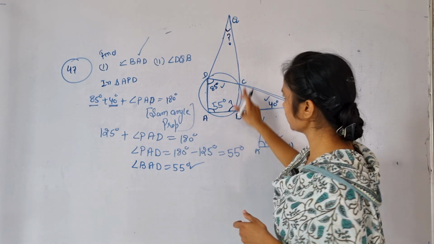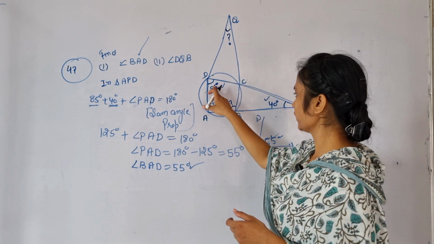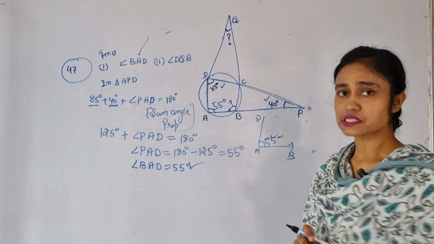By using ABCD is a cyclic quadrilateral, then opposite angles will be supplementary.